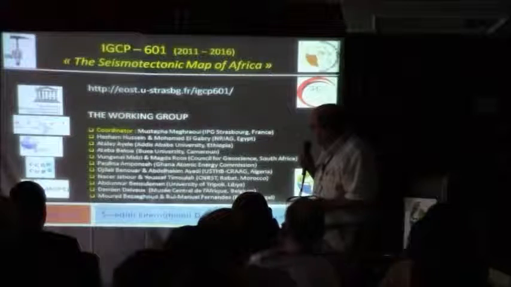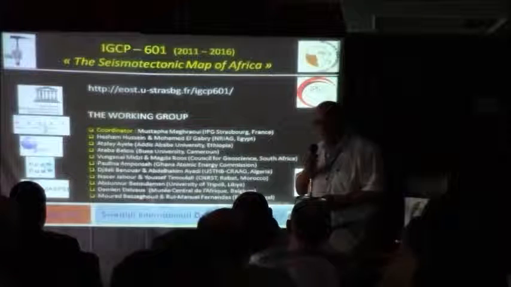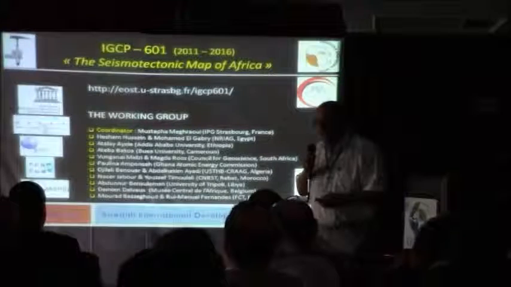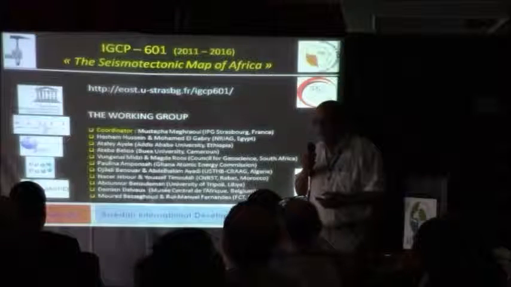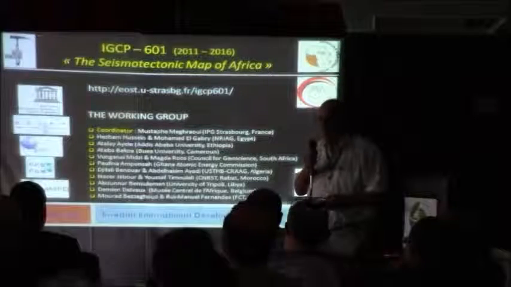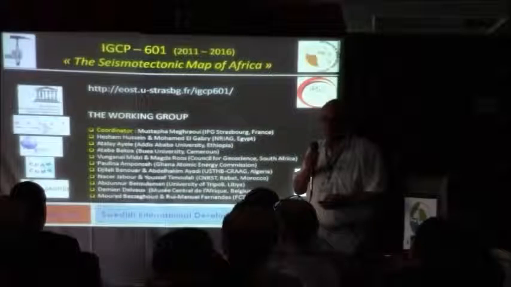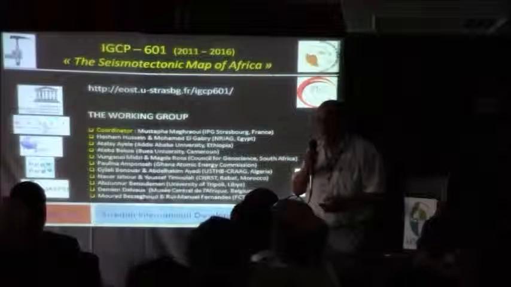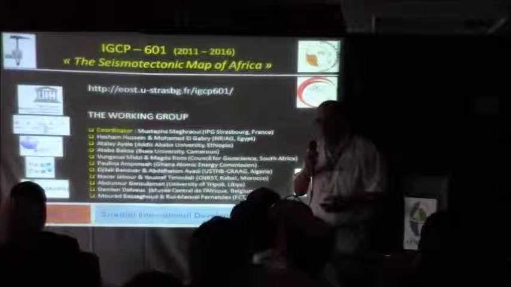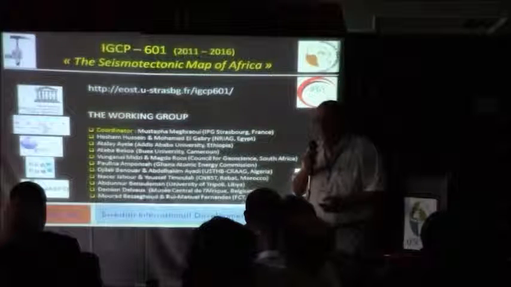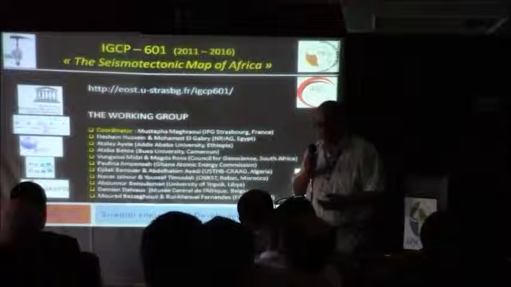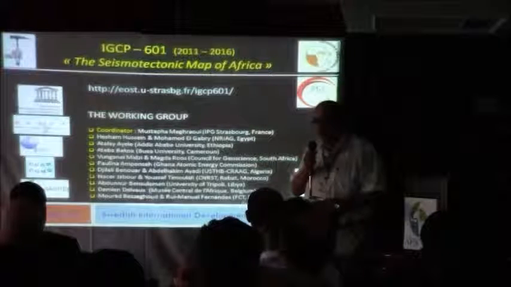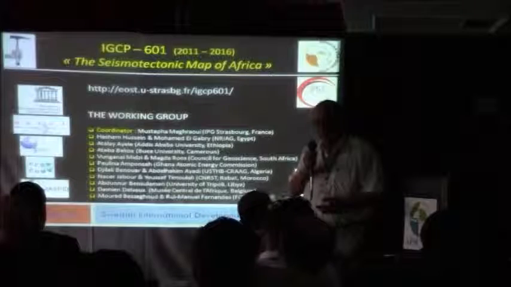I would like to present this project, named the Seismotectonic Map of Africa. Just a little of history. We began thinking about this project when the Organization of African Geological Surveys held a meeting in Algiers, and then they asked for specific work on this topic, and whether a map would be a realistic objective.